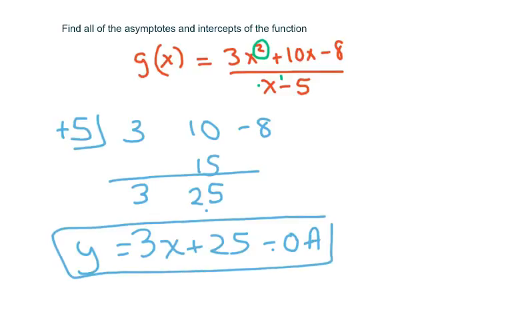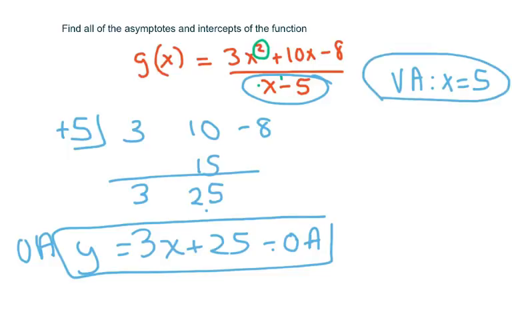Now your vertical asymptote has to do with the denominator. So that's just going to be x equals 5. Because remember, the domain, it can't be 5. So that's where your vertical asymptote is.